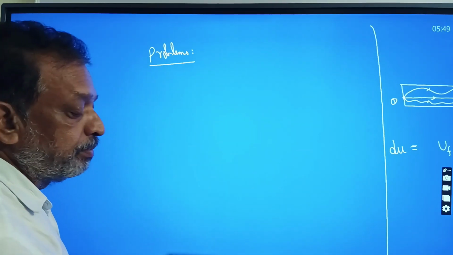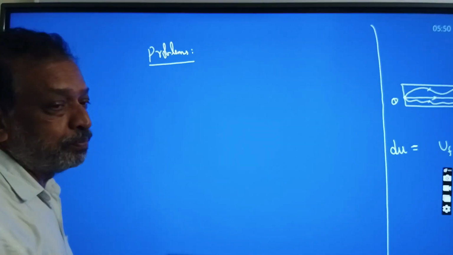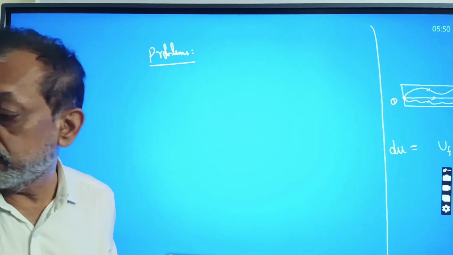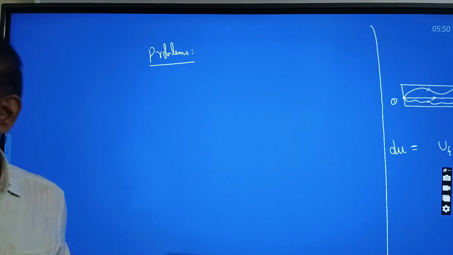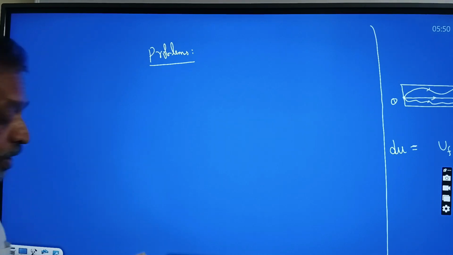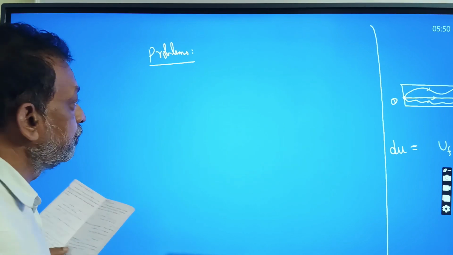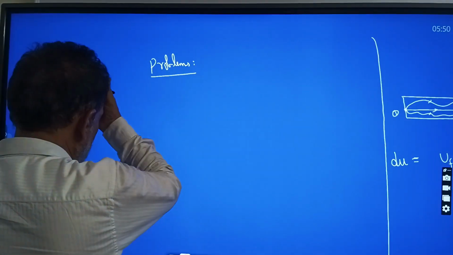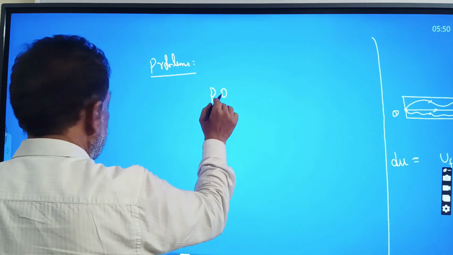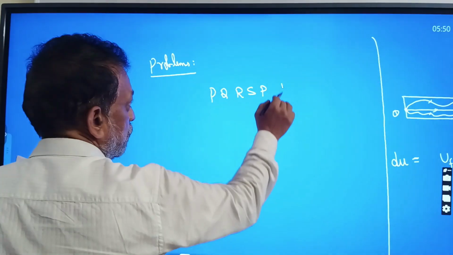A thermodynamic system is taken through the cycle PQRSP process.